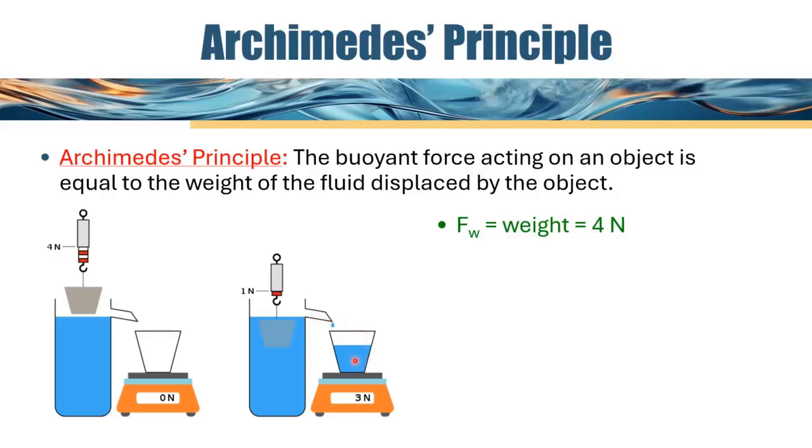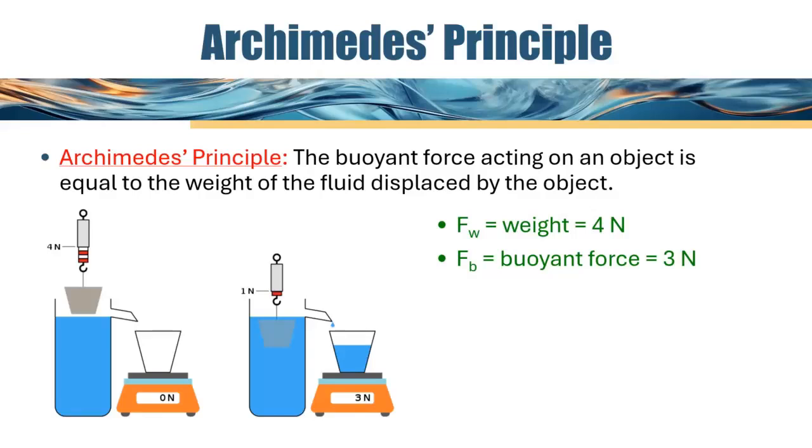The amount of water that spills out is going to be equal to the volume of the object. But Archimedes' principle says that the buoyant force is equal to the weight of the fluid displaced. So you can see here that the weight of this water is 3 newtons, which means that the buoyant force is 3 newtons. So if the buoyant force is 3 newtons, you can also see that the object, now that it's submerged in the fluid, weighs less.